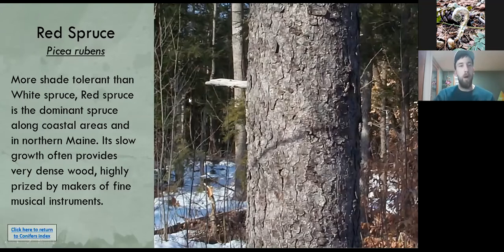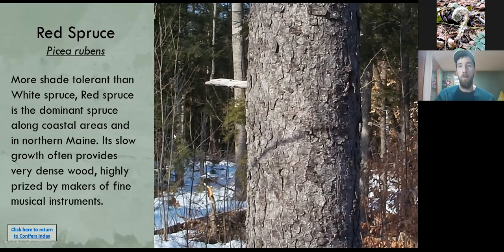So here we have red spruce, probably the most shade tolerant of our spruces. They all tend to be shade tolerant, but I'd say red spruce is the most tolerant of shade. It becomes more dominant, especially in down East Maine as well as the northern part of the state.